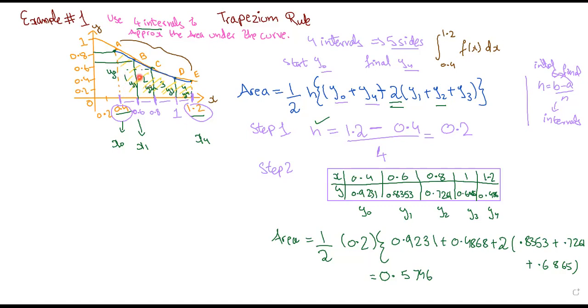But in the next example, you will see when we are given a function, you will substitute these x's in the function just to get the respective y's, and then you will plug in these y's in this formula to get the area, right? Yes. Is it clear? Yes. Okay, so I will take out the question now.